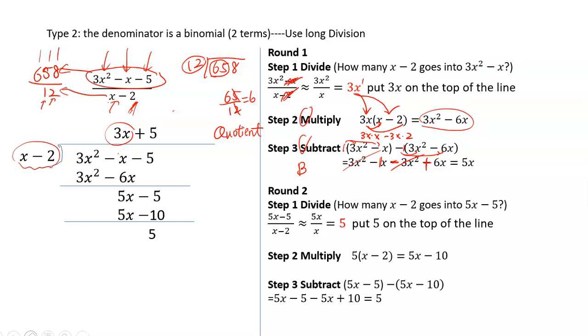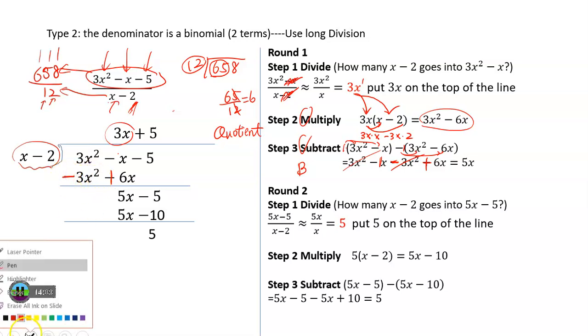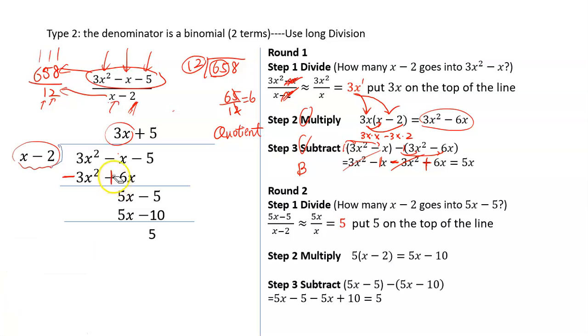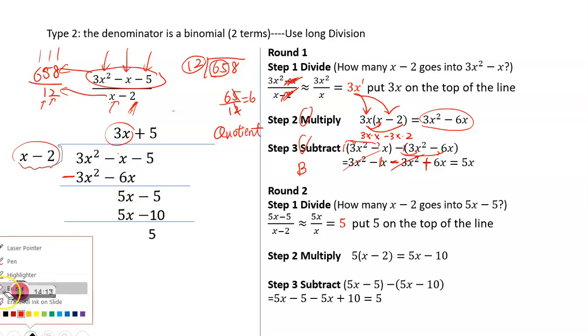Okay. So a quick tip is, once you finish multiplication and you put your answer here, I would suggest that you immediately change the signs. And why do we change the signs? Because we're doing subtraction, so you need a minus in front of 3x squared. But why did we change minus 6 to plus 6x?